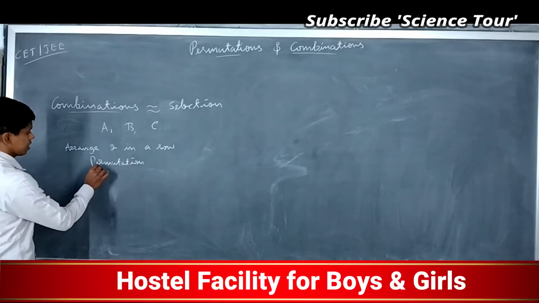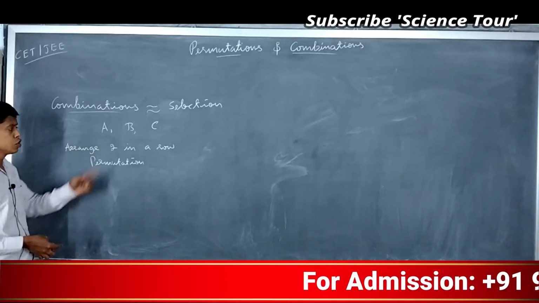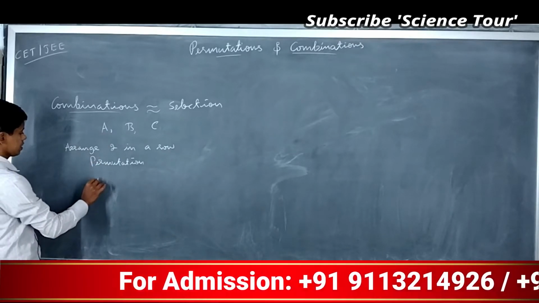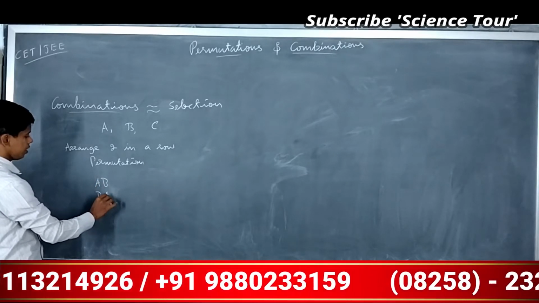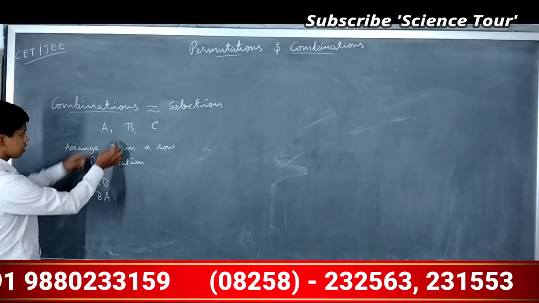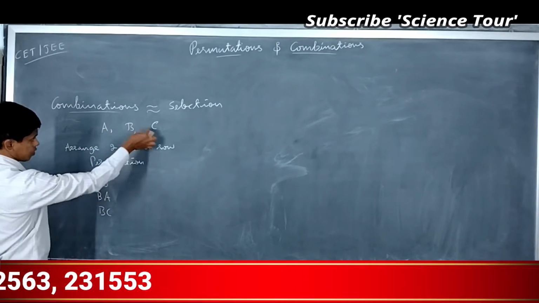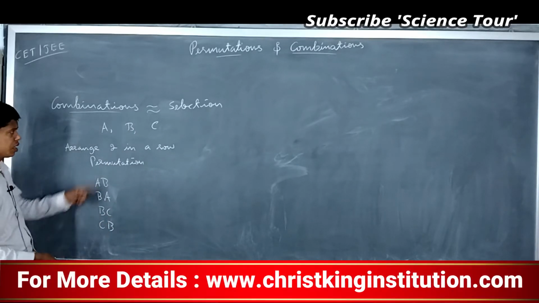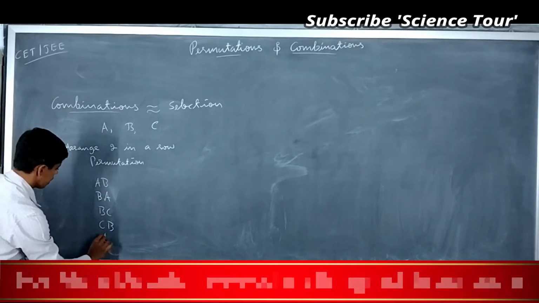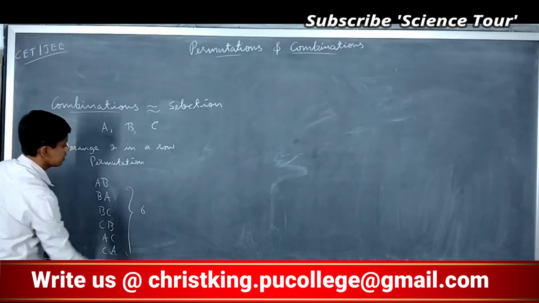Now in this case in how many different ways can you arrange 2? You can arrange it like AB or BA, correct? Or next you can take BC and arrange them like CB, and finally you can write AC or CA. So there are totally 6 ways.